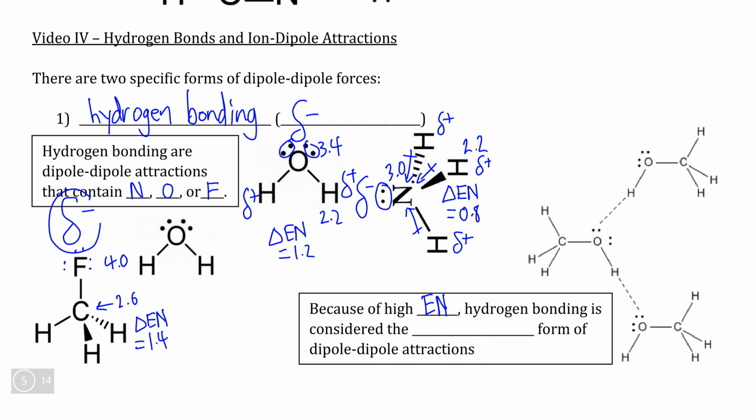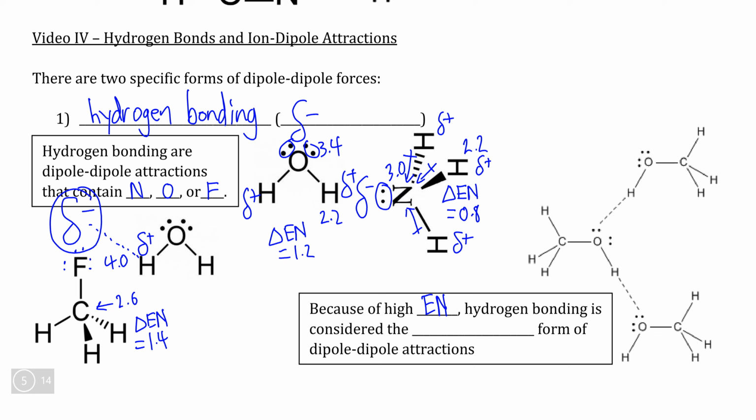Now, because this negative pole is so strong, it is naturally going to attract to a positive pole much more easily, which means that the hydrogen bond that it forms is going to be even stronger than one involving an element with a lower difference in electronegativity.